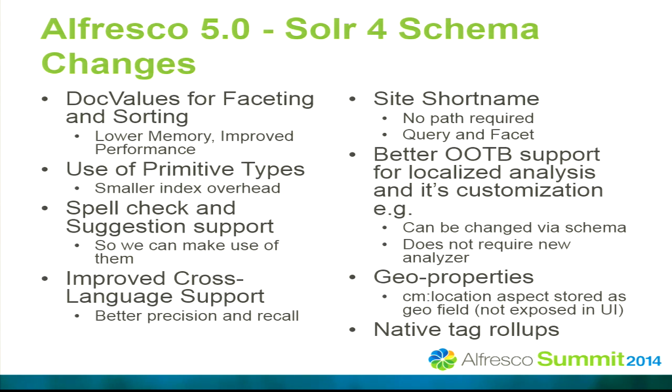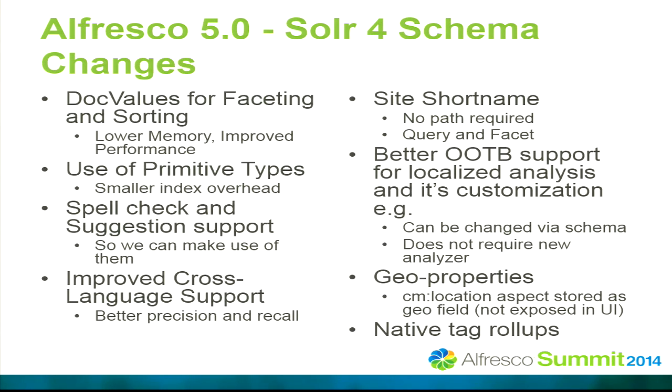We're using native Solr primitive types, which means we basically have a smaller index, one of the advantages of that. Previously we had some Alfresco specials in the 1.4 use of Solr, and now we're using the native Solr ones, so it's a much cleaner support for those.